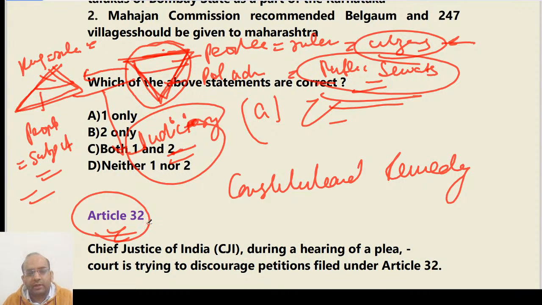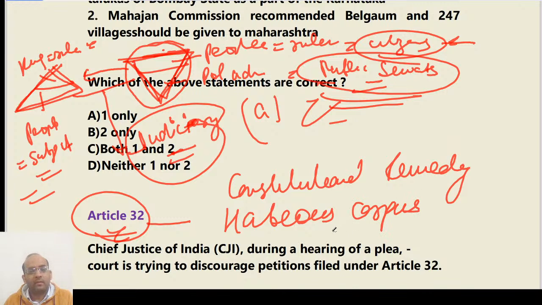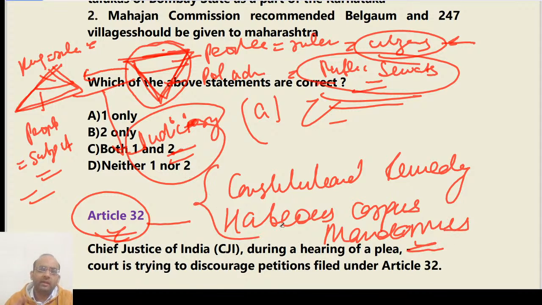And this Article 32 is enforced through multiple writs like habeas corpus, mandamus, quo warranto, etc. I think you have all read it in your static portion in your Lakshmikant book. Okay, I do not think I need to explain this.